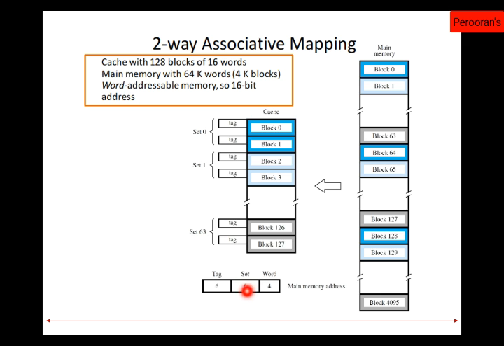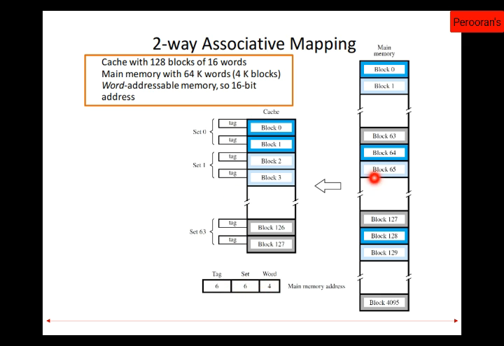We need 6 bits. As usual, as in the previous example, we will use 4 bits for the representation of the word in each block. The 6 bits are used to represent the set, and the remaining 6 bits are used as the tag.